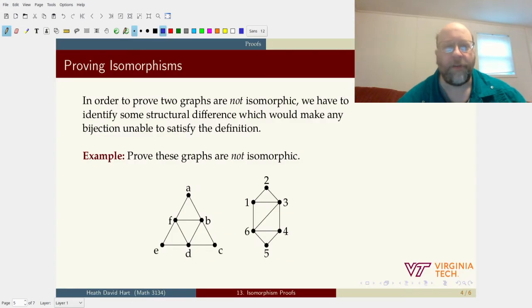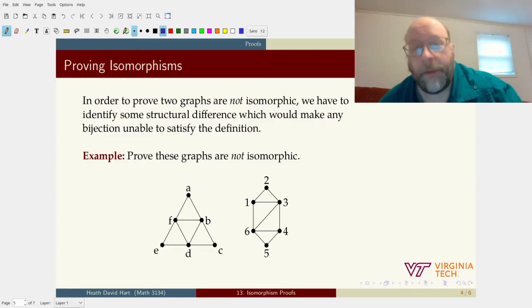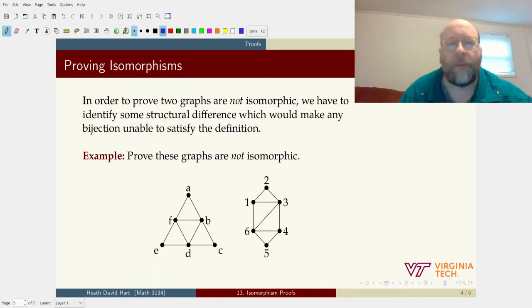All right, let's try another example. Let's try proving these graphs are not isomorphic. So we need to figure out some reason why we're not going to be able to create an isomorphism here. So let's start with, again, checking degrees and see what we get. A has the degree of 2. F has a degree of 1, 2, 3, 4.